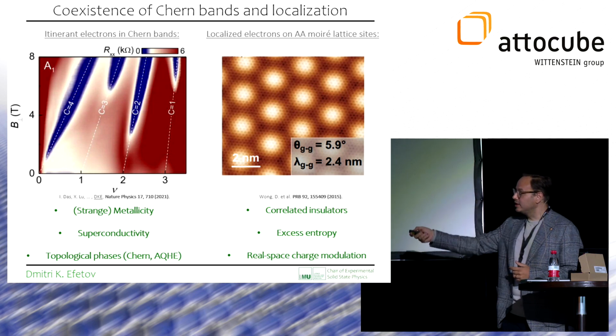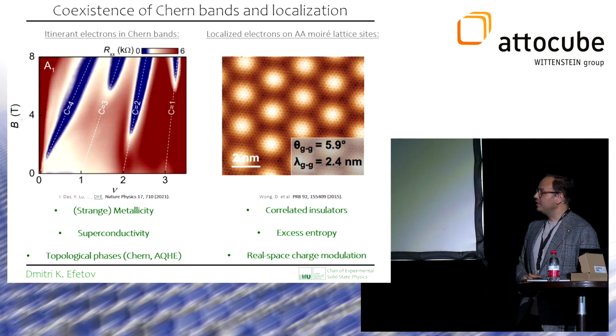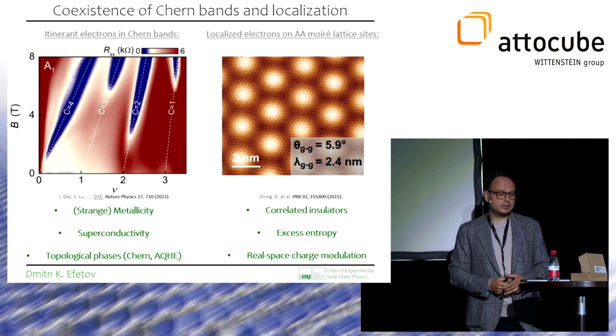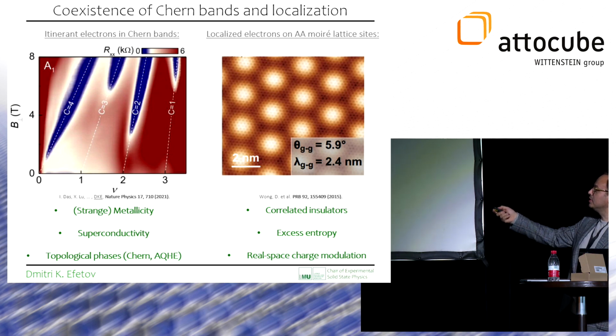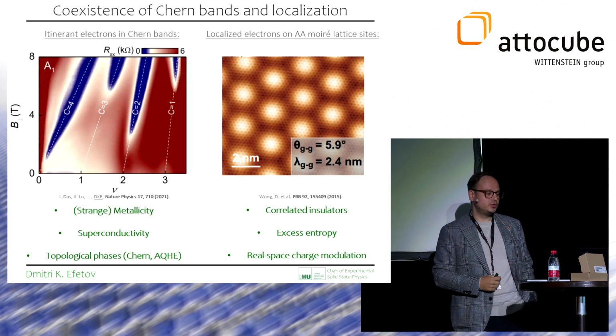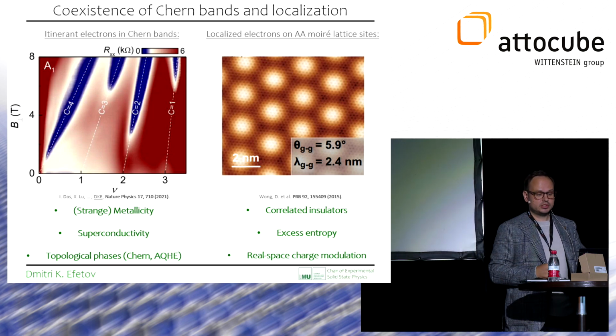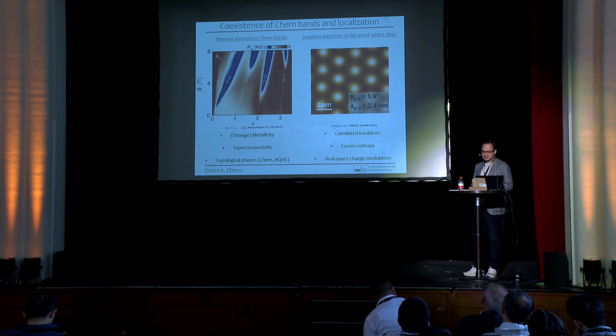And then on top of that, we also have other phases which are responsible for some sort of localization physics. In particular, in STM, people see all these localized electrons on the AA lattice sites. These insulating states have to do with localized electrons that are not mobile and are sitting in the lattice sites.